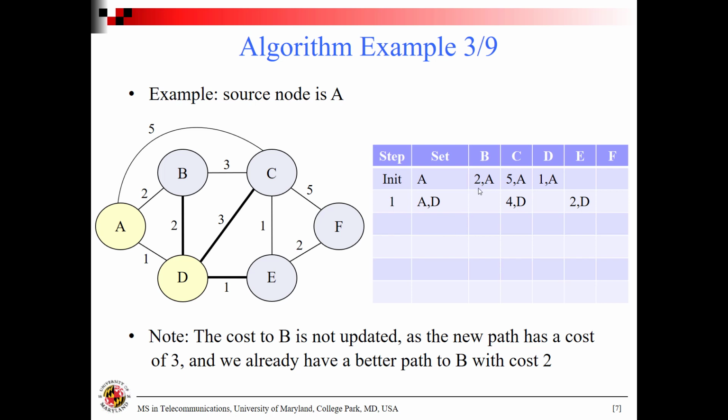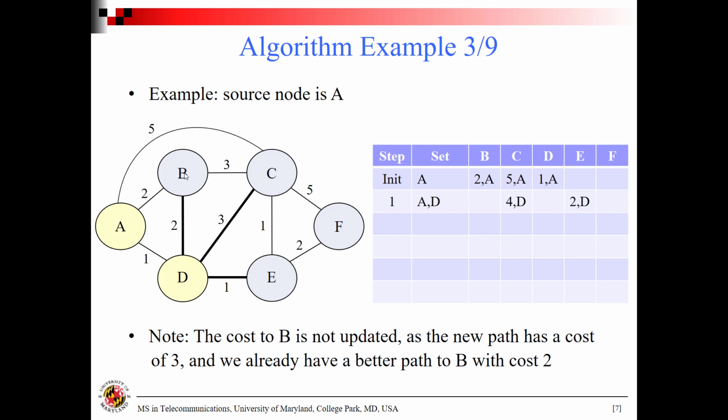The cost of going to D is 1, and the cost of going from D to B is 2, so the total cost is 3. So if you want to reach node B via node D from node A, the path ADB has a total cost of 3.